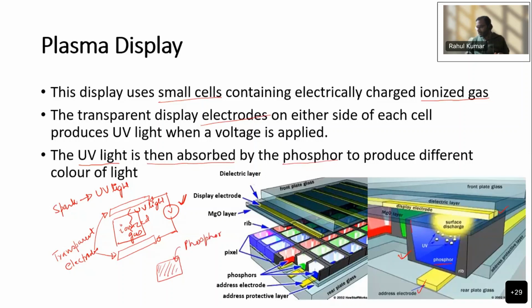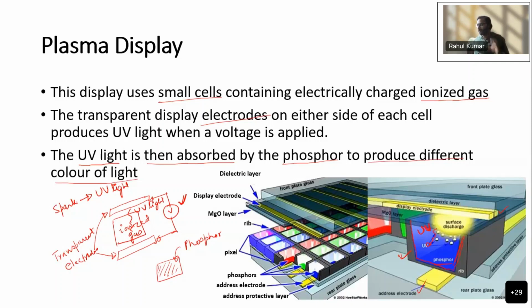So what will happen is, whatever UV light is produced will be absorbed by this phosphor material and produce a colored light, to produce different colors of light.